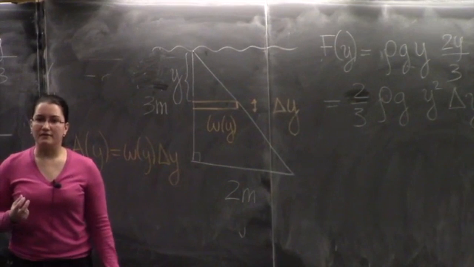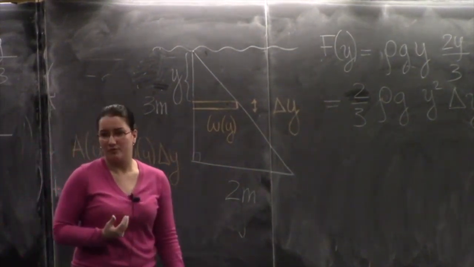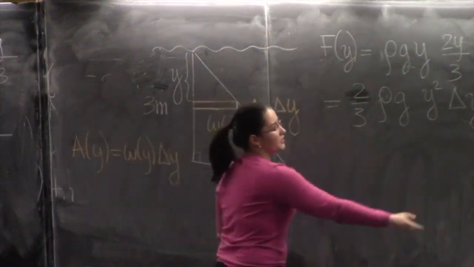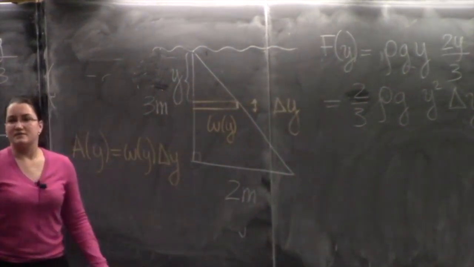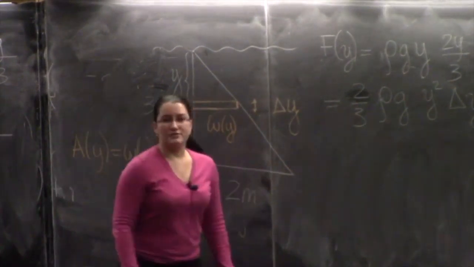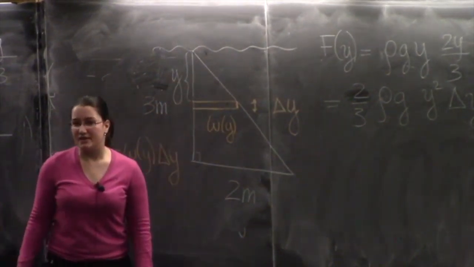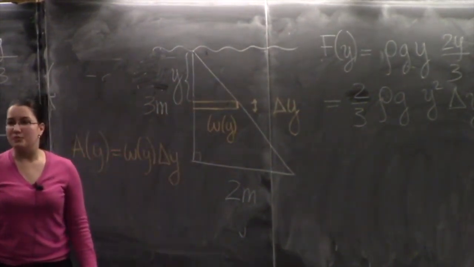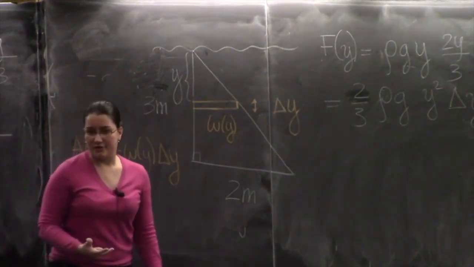Now, when we add things together, this makes sense when we have a finite number of objects. So if delta y is like, I don't know, k over n, then there is a sense in which we can understand addition. When delta y goes to 0, we need an infinite number of these strips to cover up the entire triangle, which means that the proper sense of addition, as we learned in calculus B, is integration.